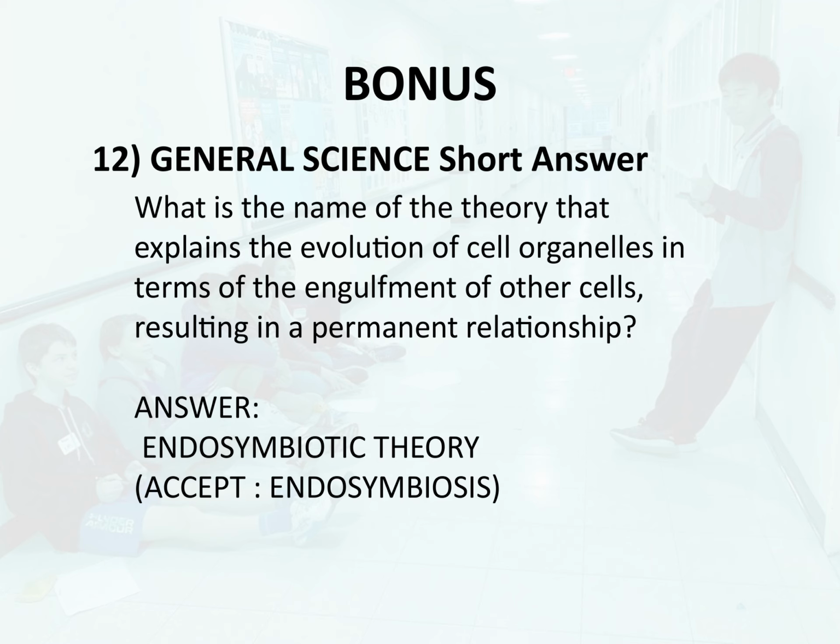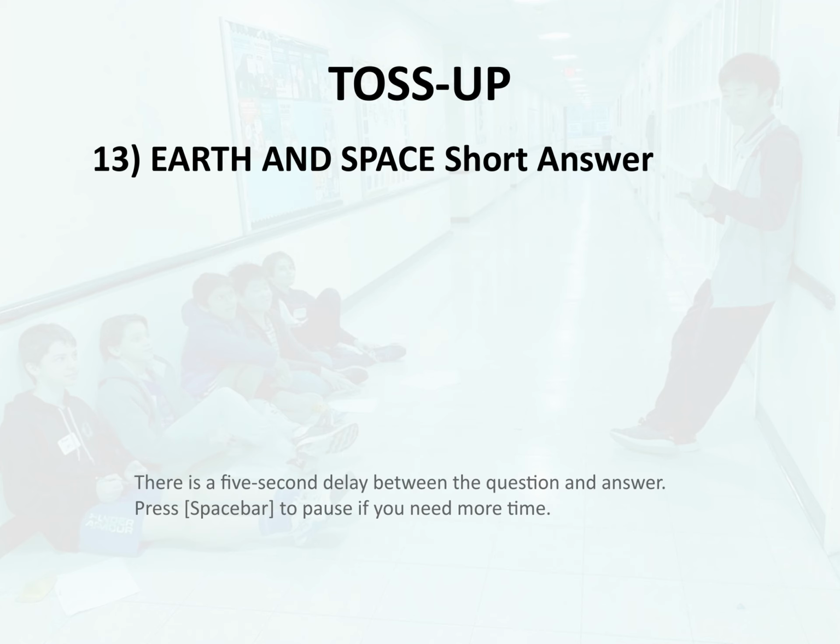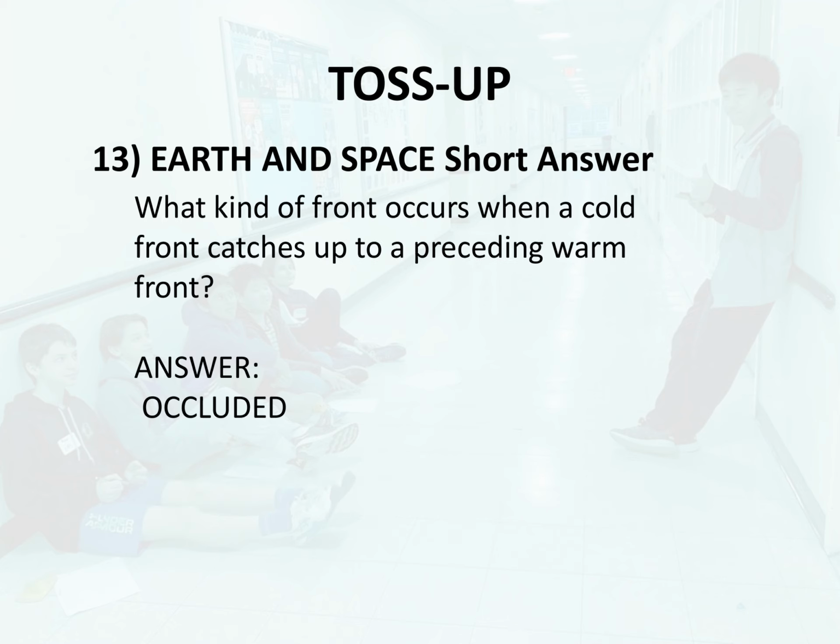Endosymbiotic theory. Toss-up 13. Earth and space. Short answer. What kind of front occurs when a cold front catches up to a preceding warm front? Answer. Occluded.